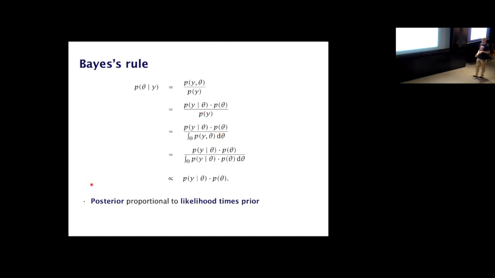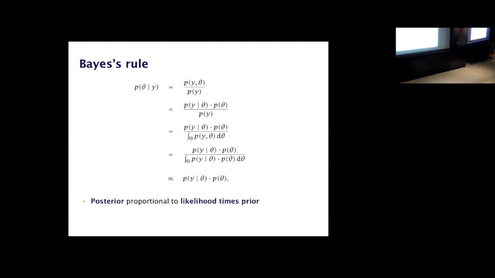The critical thing is that the denominator does not depend on the parameters. The denominator is just the density of y. So the way people like to say this is the posterior distribution or density is proportional to the likelihood times the prior. That's the basic takeaway from the mechanics of Bayesian inference.